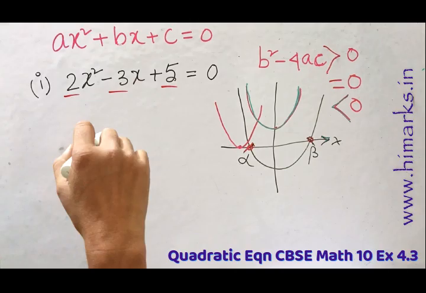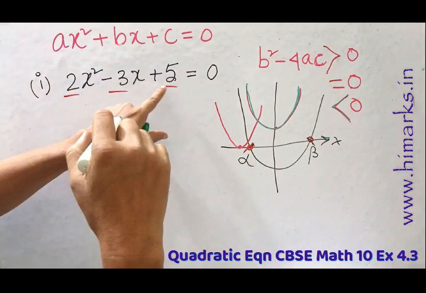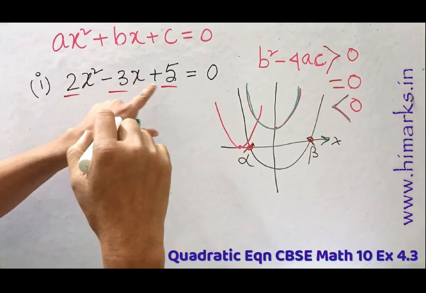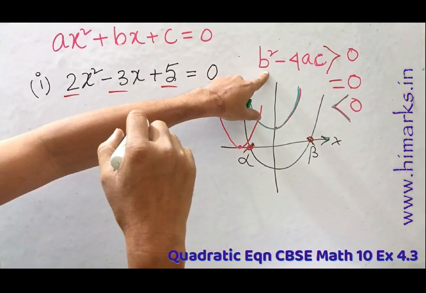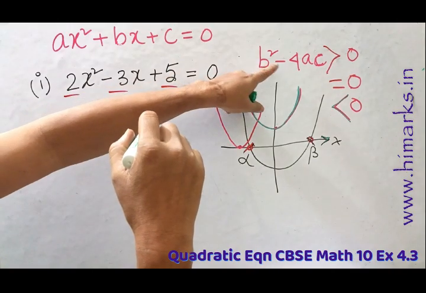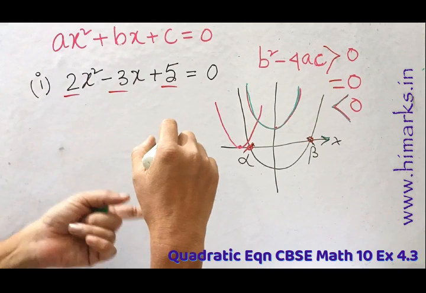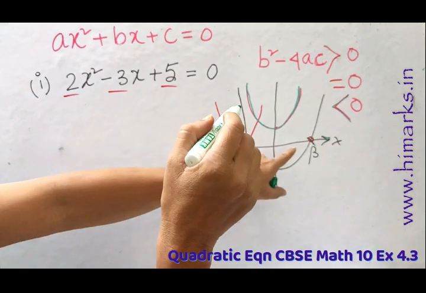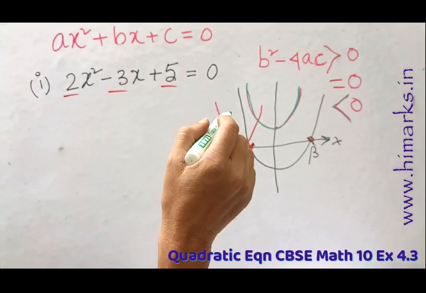So these a, b, c, or the numerical values 2, minus 3, 5, if we use these and find the value of b square minus 4ac, and say whether it is greater than 0, equal to 0, or less than 0, that will tell what kind of root exists.